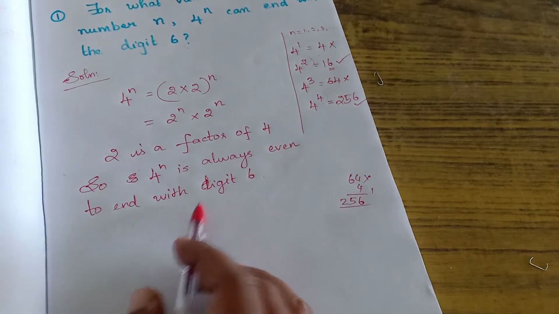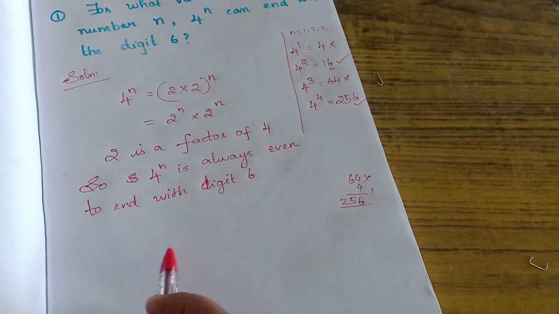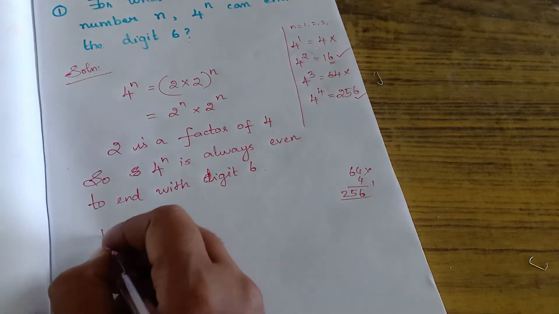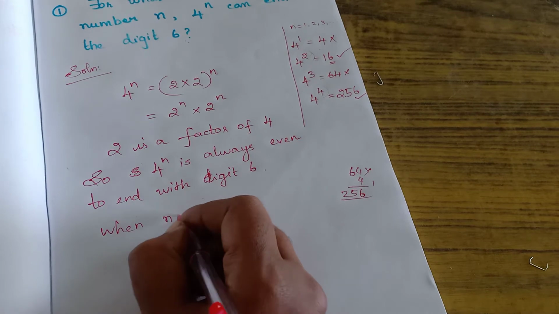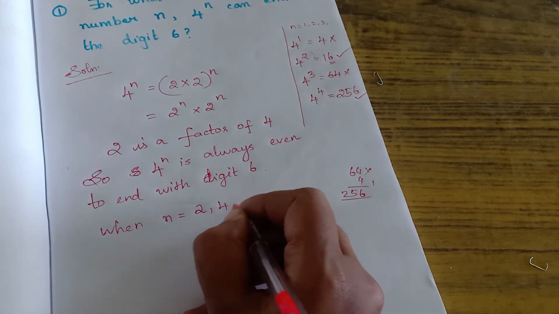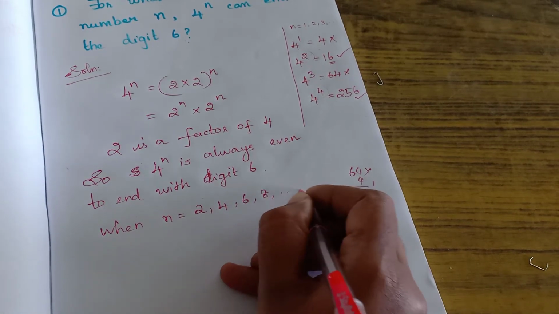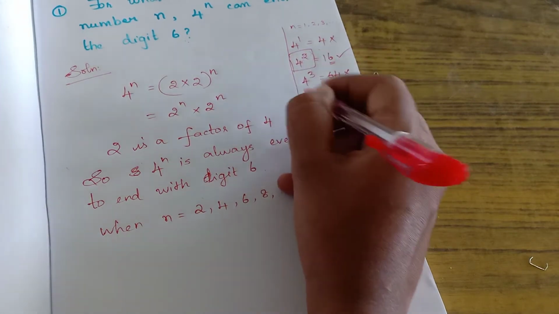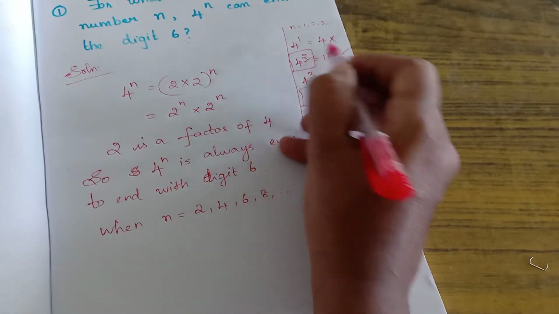So what number will it end with the digit 6? So when n equal to 2, 4, 6, 8, it will go like this. Select this 4 square to 4 power 4, even numbers only.